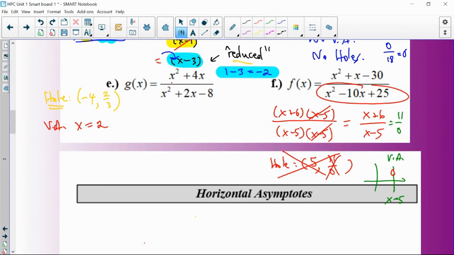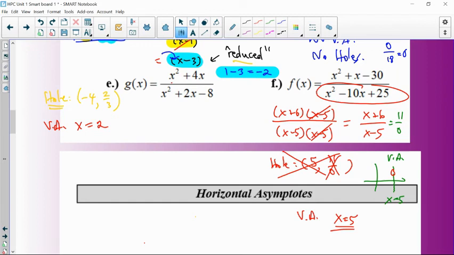So every time that might happen, if you do have that repeated root, all that means is that if there's still a 0 in the denominator without a 0 in the numerator, the vertical asymptote takes control. So this only has a vertical asymptote, and it's when x is equal to 5. The hole does not exist because the asymptote went right through it. So there's no y coordinate, which is kind of an interesting little thing.